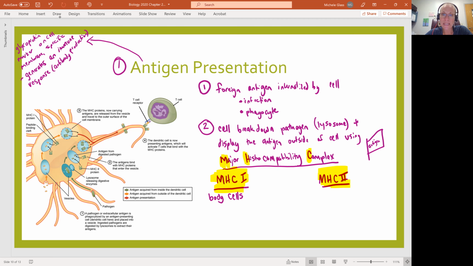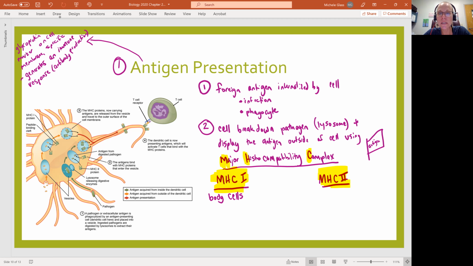And so what this means is, if you have antigen presentation using an MHC1, using a class 1, this means you have a cell that's infected. And if your cell is infected, it's a dead cell. We can't take a tiny little vacuum and suction out that virus or suction out that bacterium.